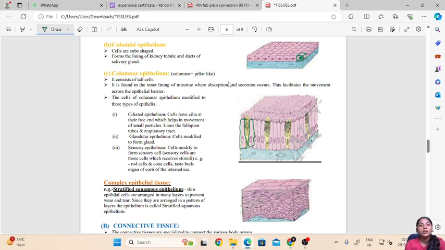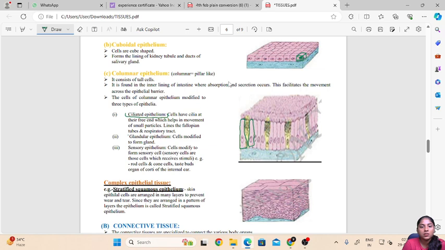Now this columnar epithelium is further classified into three types, that is ciliated epithelium. In these, the cells will contain small cilia-like structures, and this will help in the movement of small particles. These are usually present in the lining of fallopian tubes or respiratory tract. Then in some columnar epithelium tissue, the cells will be modified to form glands. So these glands will secrete some hormones or secretions.